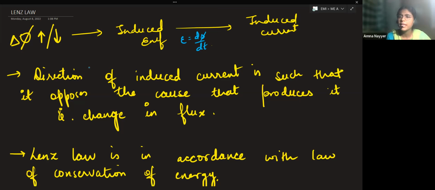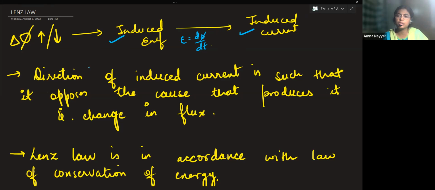This is the magnitude. Now, what about the direction of this induced EMF? What about the direction of the induced current? So, the direction of induced current is such that it opposes the cause that produces it. What produced induced EMF here? It was the change in magnetic flux.